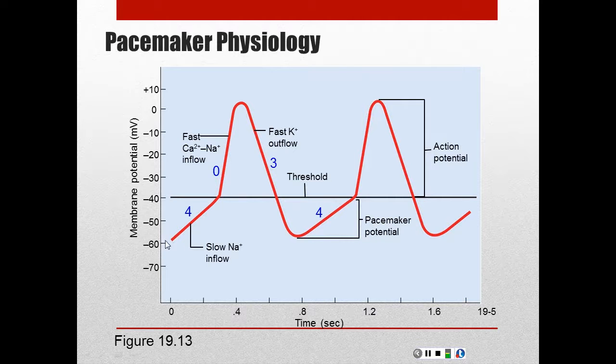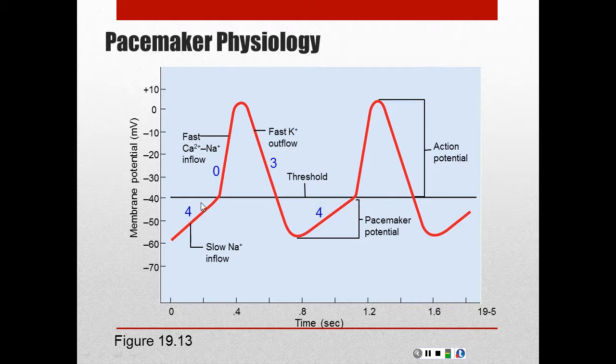So here we're starting off, the resting membrane potential is negative 60 millivolts. When we have a very slow influx of sodium ions entering into the intracellular fluid, we have an increase. Now don't forget, we don't have sodium pumping out.